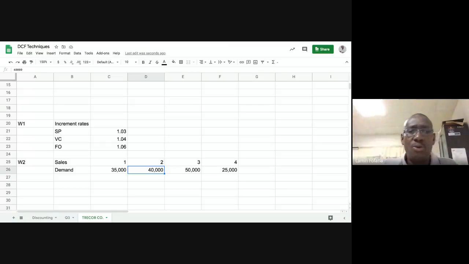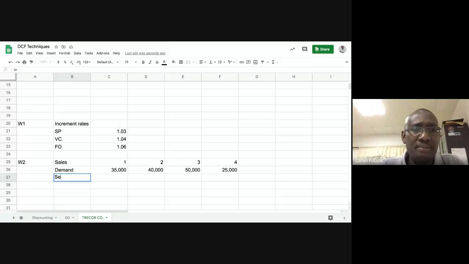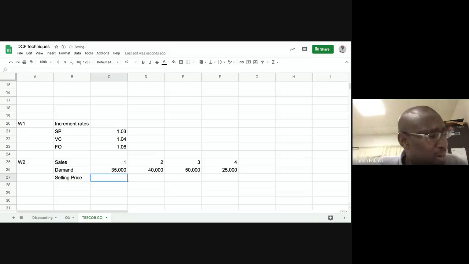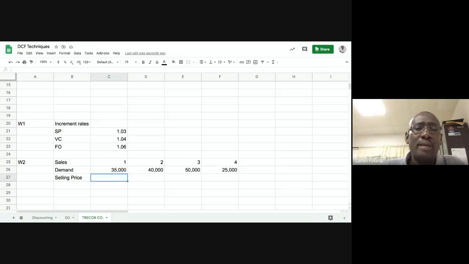Okay, so now let's find our sales value. But before we find our sales value, let's find our selling price for each of them. So our selling price for year 0 is 12. So what will be our selling price for year one?